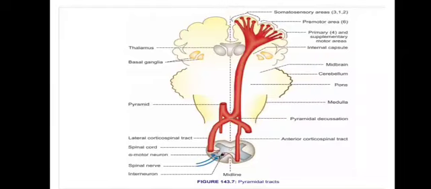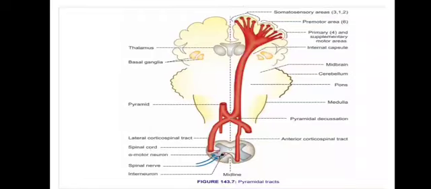And after crossing the midline, some fibers which are thick will reach the spinal cord and are known as the lateral corticospinal tract. At the same time, the uncrossed fibers are known as the anterior corticospinal tract.